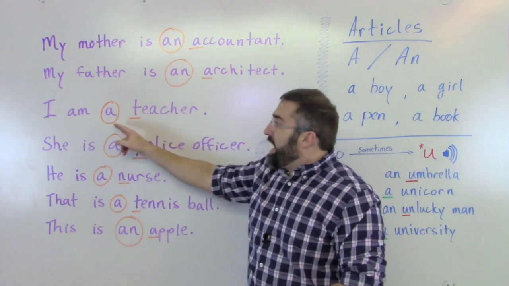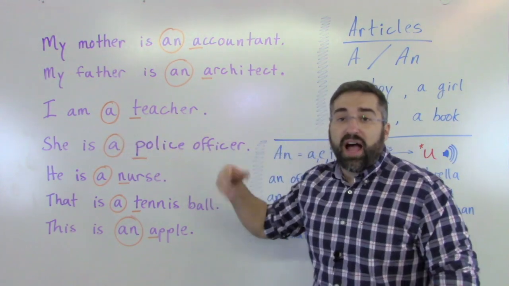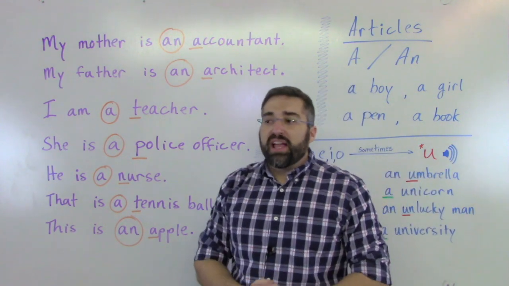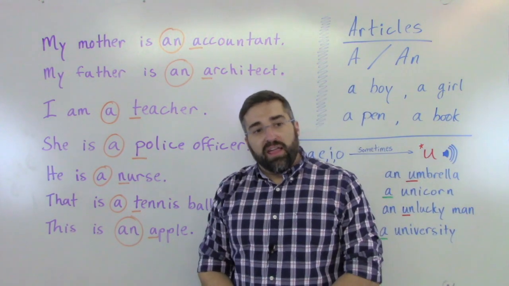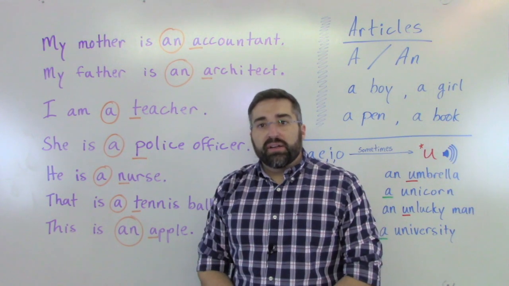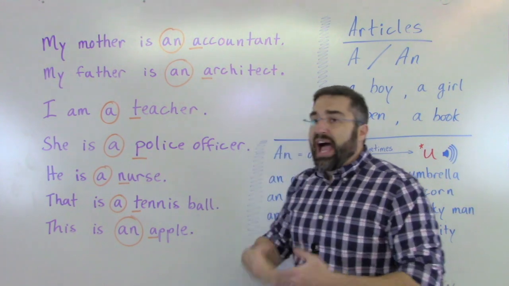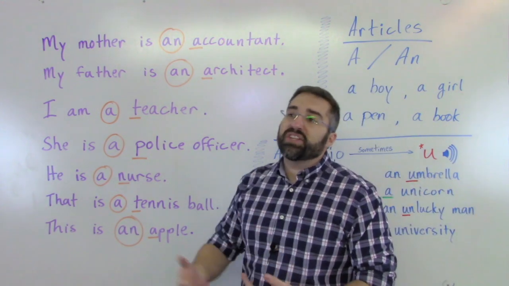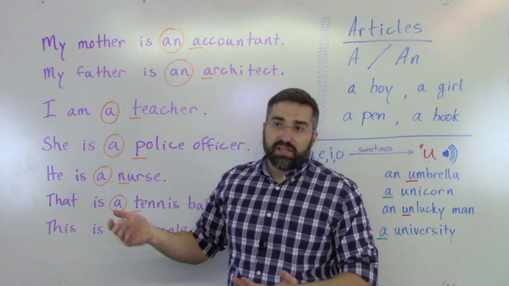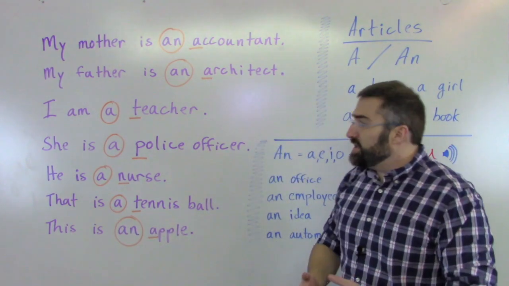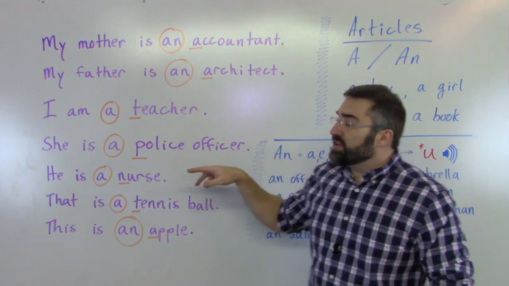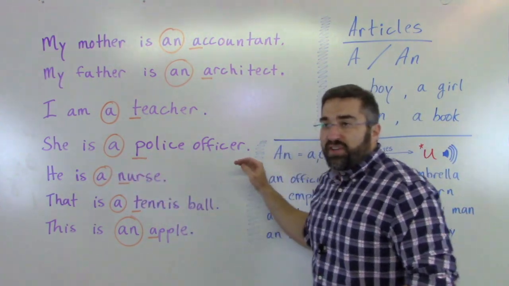I am a teacher. When we say it, we don't say I am a teacher. We normally say I'm a, right? I'm a teacher. So a with teacher, I'm a teacher. She is a police officer.